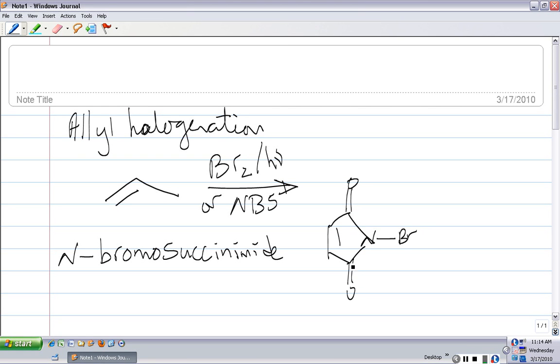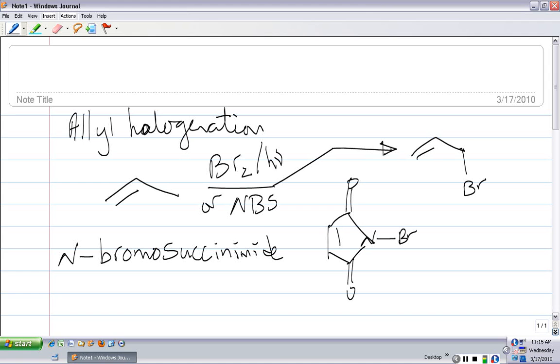Okay, so that's N-bromosuccinimide. And if I treat the allyl compound, in this case the propene, with N-bromosuccinimide or bromine in light, what I get is this product. In other words, I get allylic bromination.